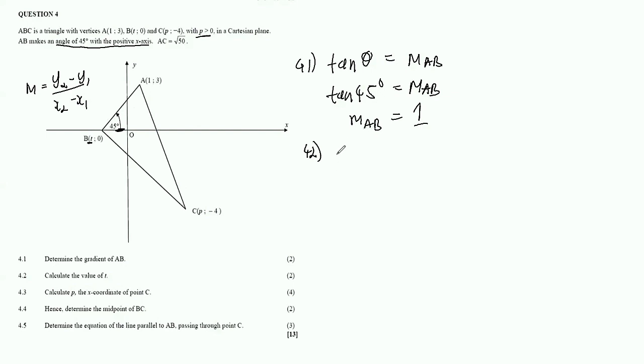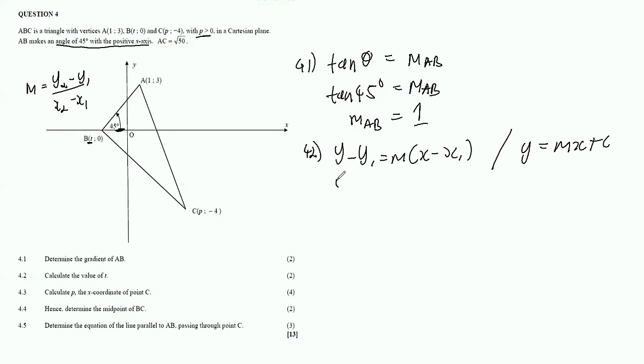You'd go y minus y1, so we know of this formula here. Or if not that one, then you use the one whereby you say y = mx + c.